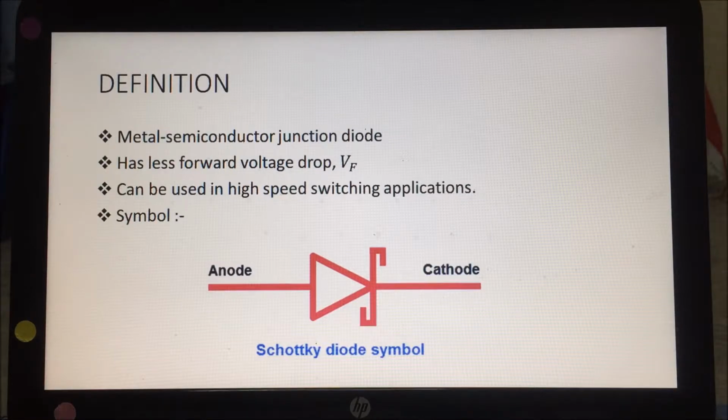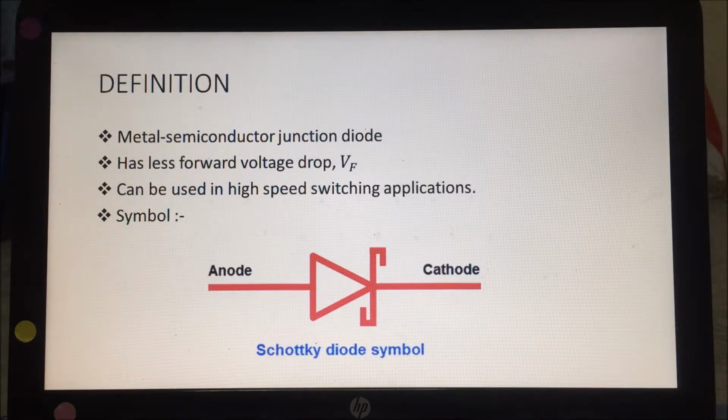A silicon diode has a typical forward voltage of 600 to 700 millivolts, while the Schottky's forward voltage is 150 until 450 millivolts. This lower forward voltage requirement allows higher switching speeds and better system efficiency.